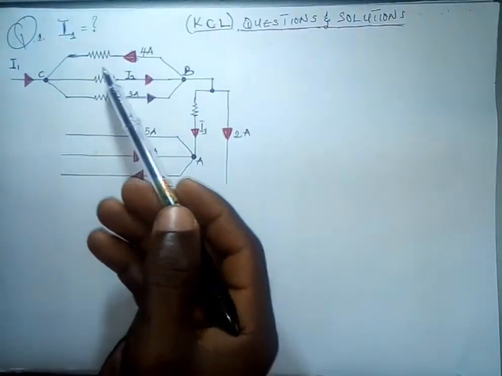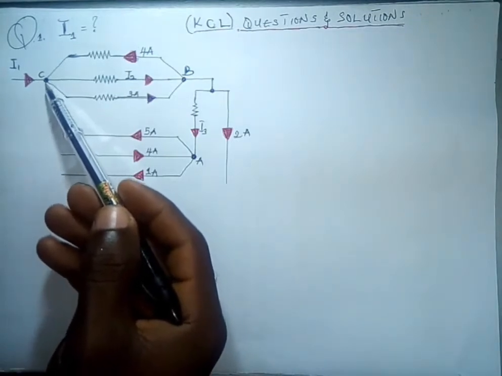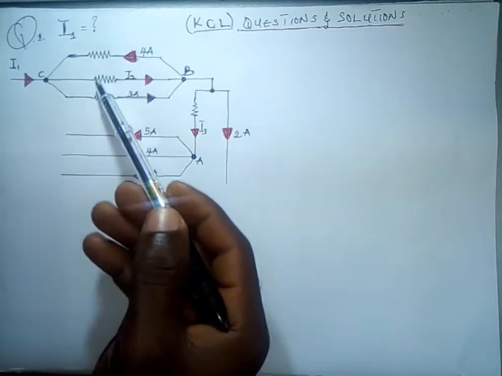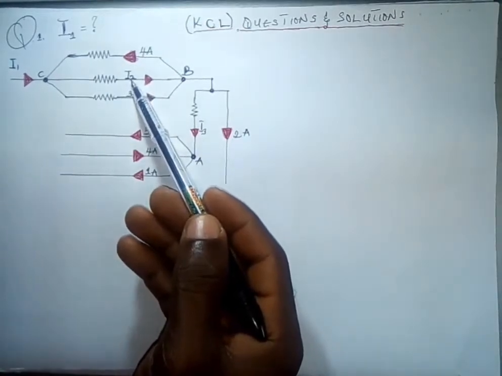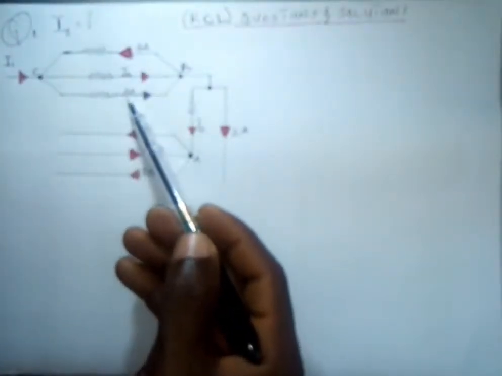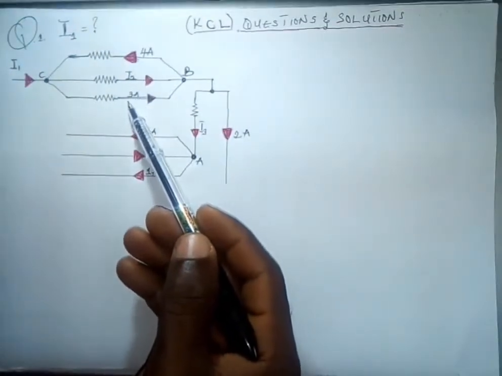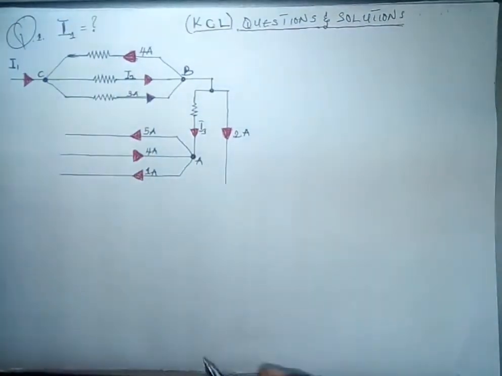Where can we find I1? We can find I1 at node C. If you look at this line, this is I2, and I2 is leaving the node. We also have 3 ampere leaving the node.